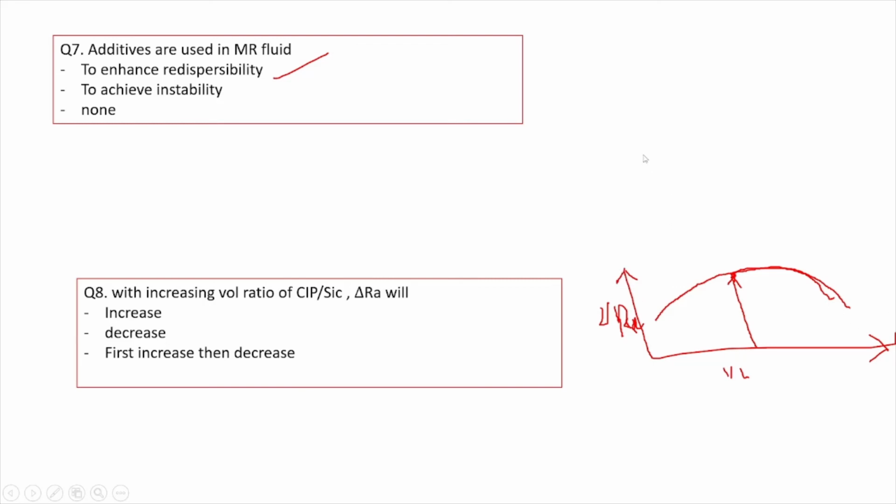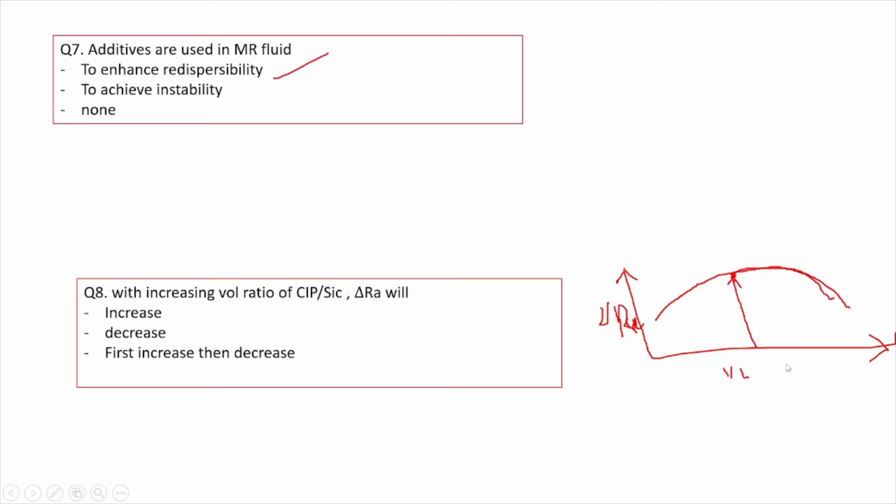The same we can see with extrusion pressure. With increasing extrusion pressure, the RA value will first increase, and then after reaching the optimum level, it will start decreasing.